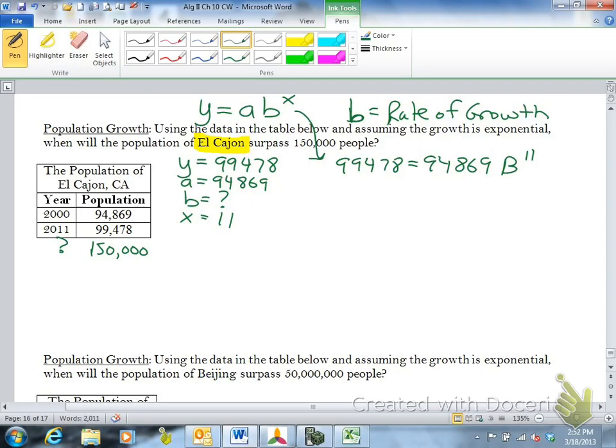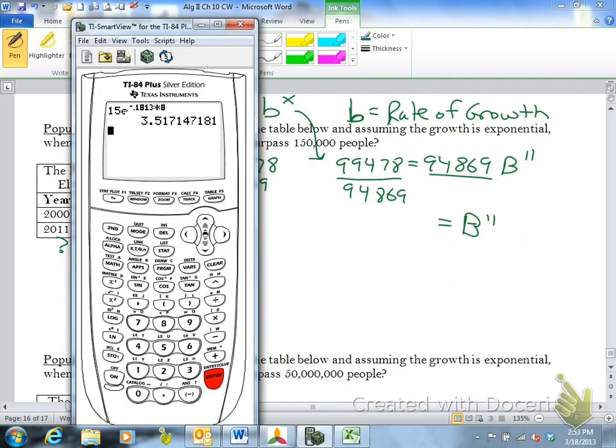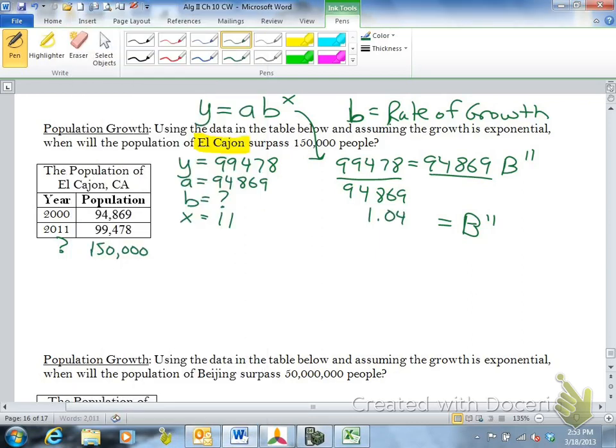So if we divide both sides by 94,869, then we'd have b to the 11th equals, let's see what this is, 99,478 divided by 94,869, which is 1.0486. And now we have to solve for b.